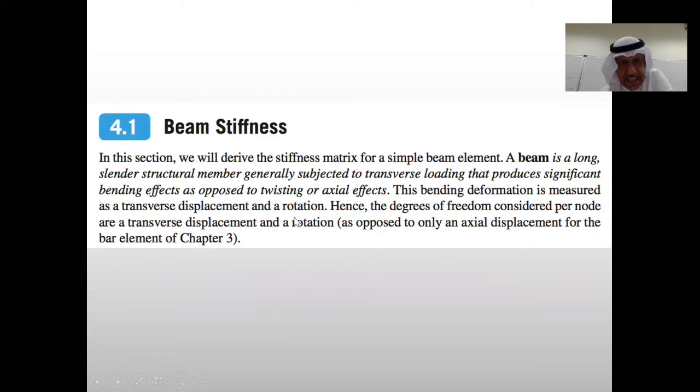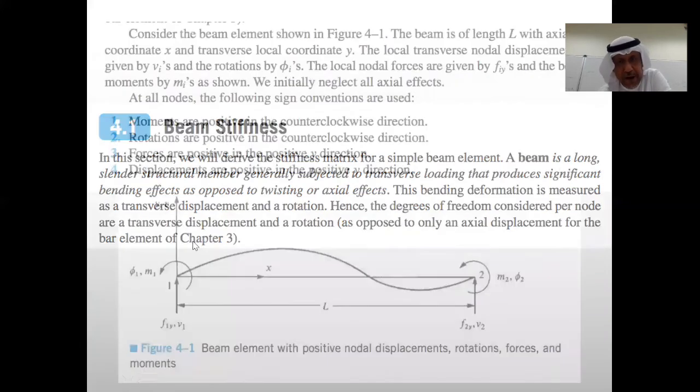This bending deformation is measured as a transverse displacement and rotation. These are the degrees of freedom, deflection and rotation. Hence, the degrees of freedom considered per node are two things: transverse displacement and rotation, as compared to only axial displacement for the bar element.